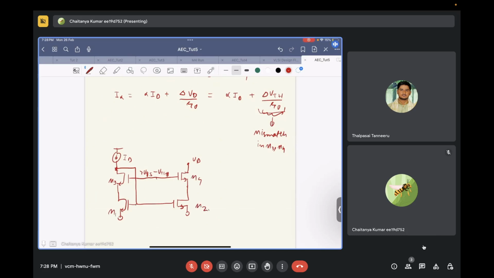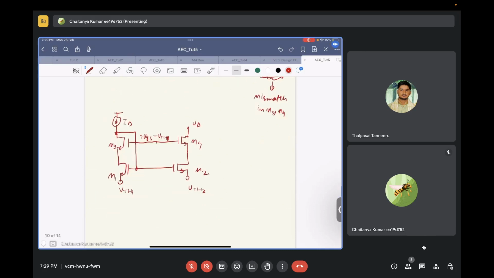In the other case, let's say there is a difference in VTH1 and VTH2. In this case, the difference is in the threshold voltage of transistor 1 and transistor 2. The previous case was that transistor 1 and transistor 2 had identical threshold voltage and there was mismatch only in threshold voltages of transistor 3 and transistor 4. In this case, it's the opposite.